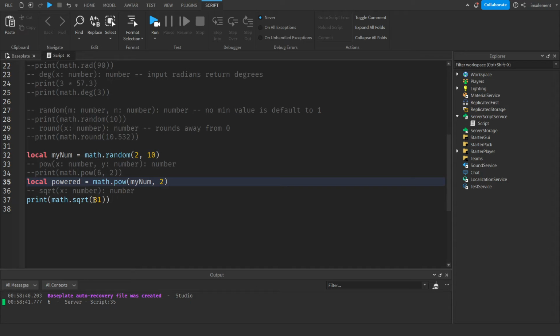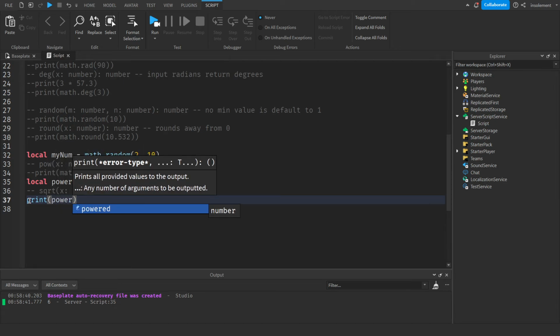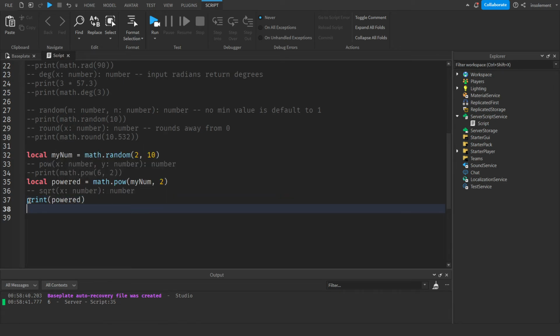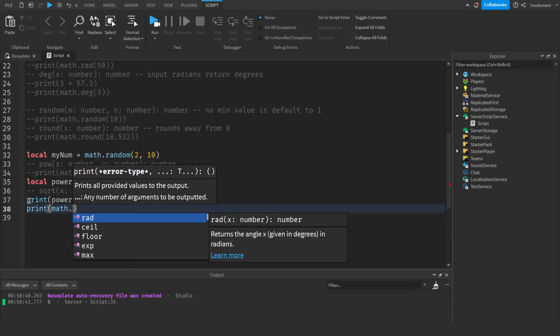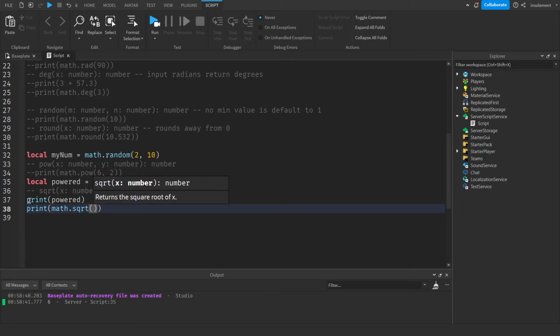And then we use it. Let's print powered first, and then let's print math.sqrt(powered), right?